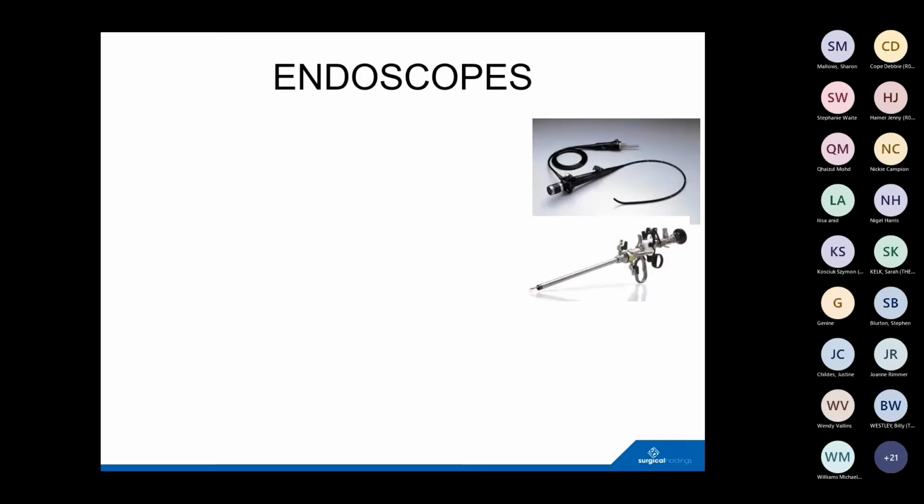But from an endoscope perspective, this is a flexible instrument, this is a rigid instrument, this is as you can see, there's an eyepiece at the top here, the distal end here. Flexible used to be used principally for diagnostic procedures, and the rigid instruments were principally used for more therapeutic procedures.